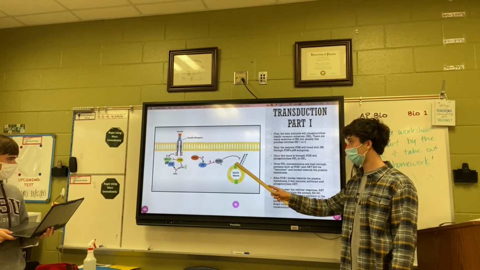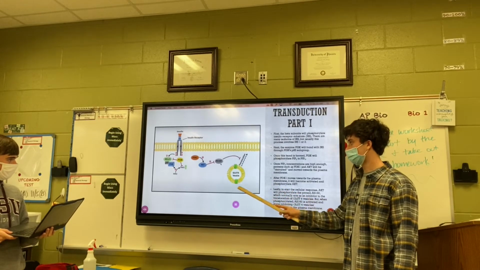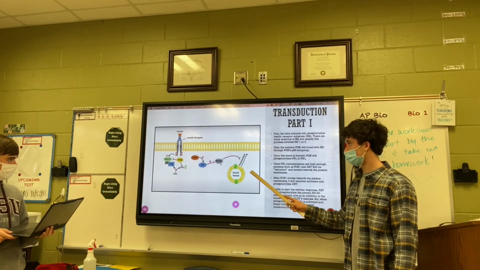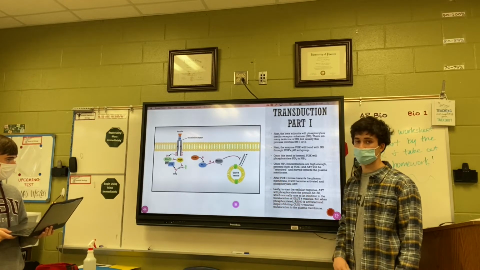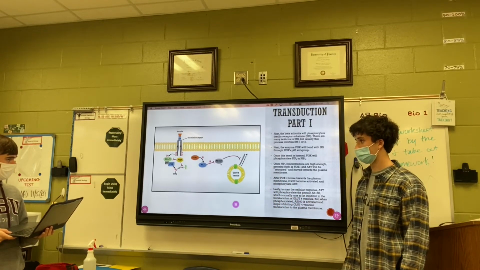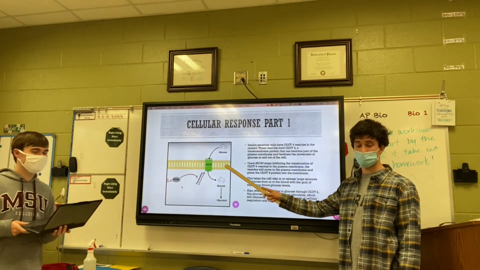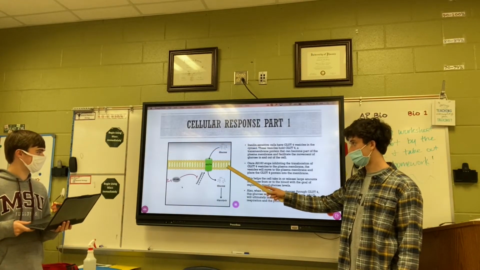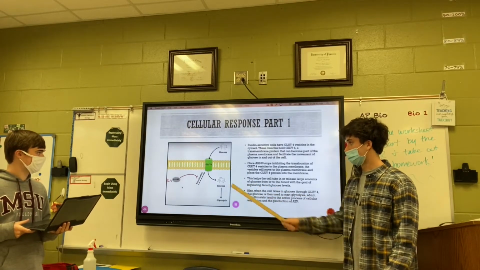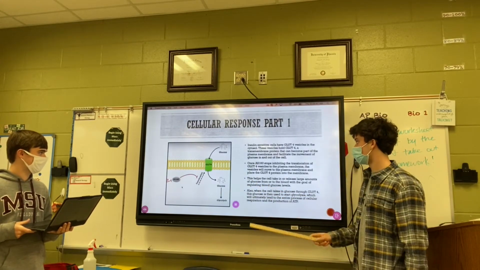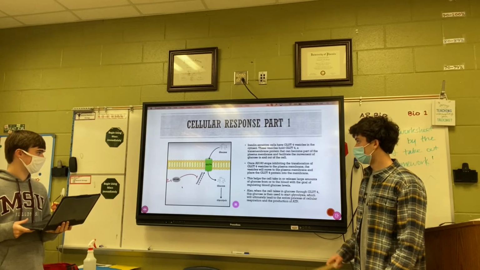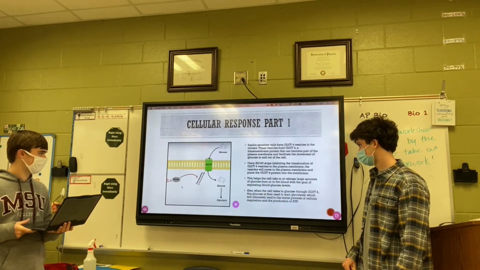Once it's phosphorylated though, AS160 allows the GLUT4 vesicle to translocate into the plasma membrane, becoming a protein embedded in the plasma membrane. So now that the GLUT4 protein is embedded in the plasma membrane through the translocation, it will allow for glucose to pass in and out of the cell.